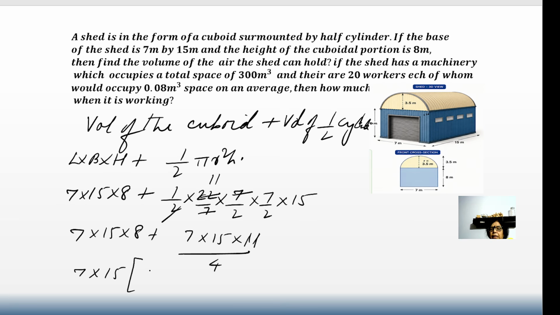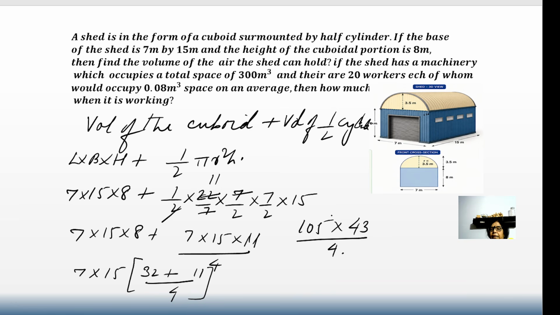We are left with 8 4s 32 plus 11 by 4. So this becomes 7 into 15, that is 105, and 32 plus 11, that is 43 by 4. So now we need to multiply 105 into 43 and divide by 4.